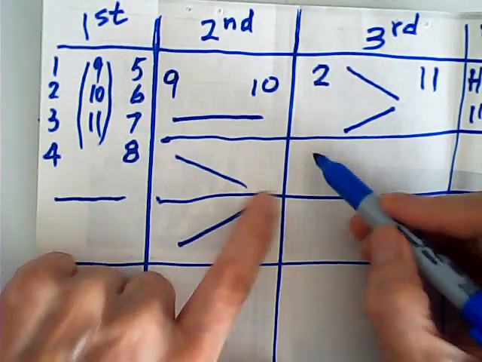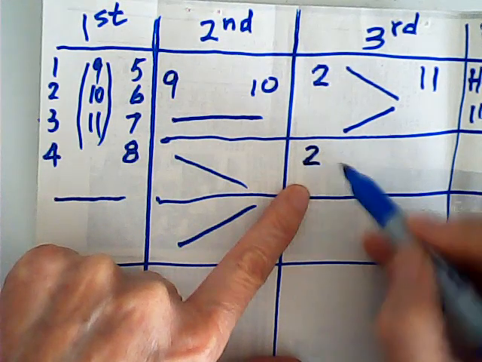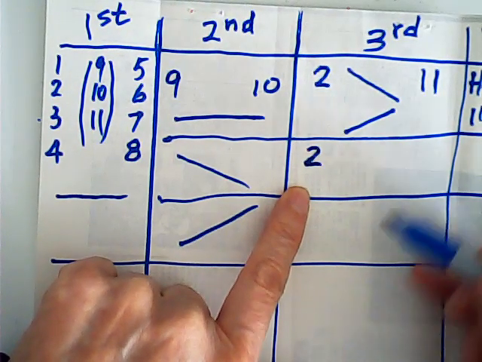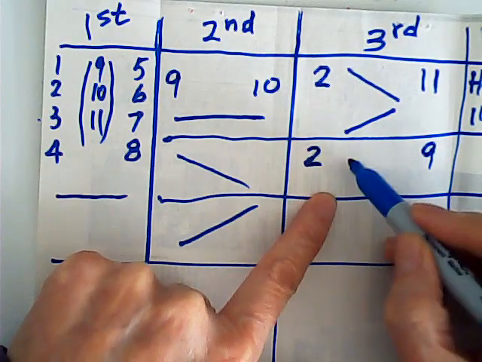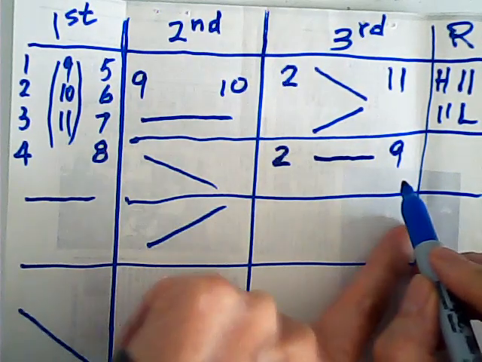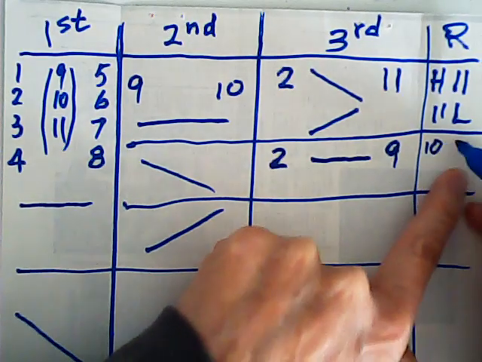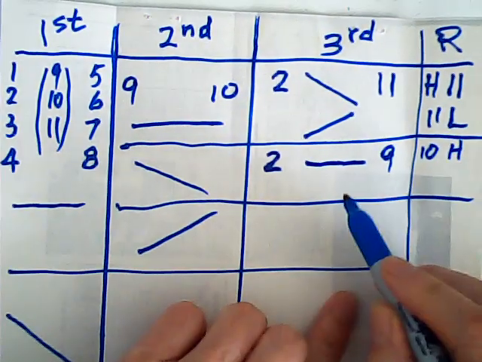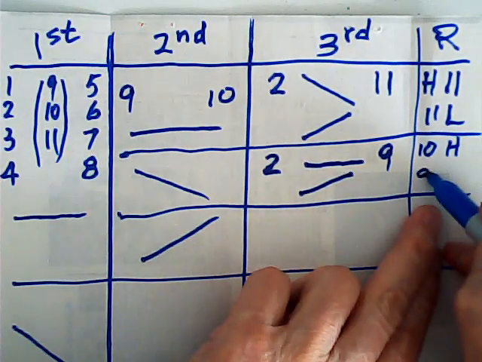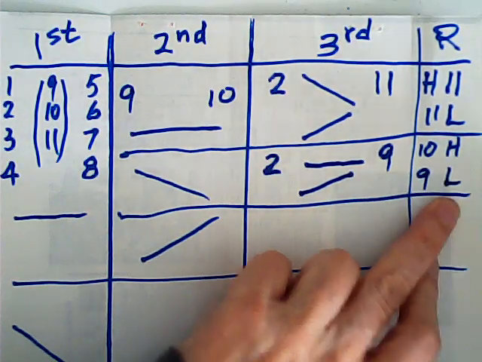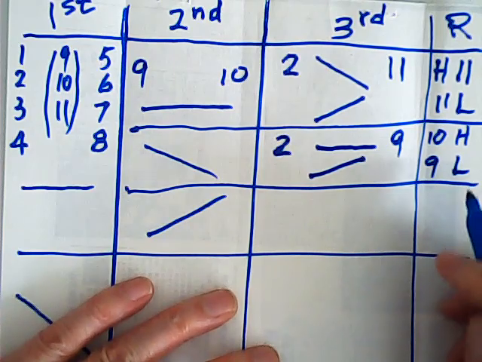So I use any normal egg, say number 2, and balance it with 9. If it goes this way, that means 10 is heavy. If it goes this way, 9 is lighter. So I find the result.